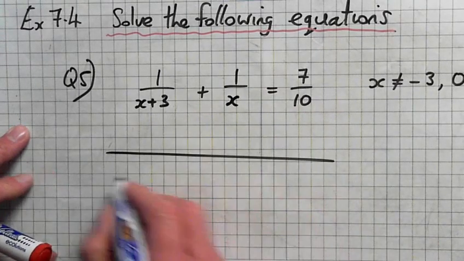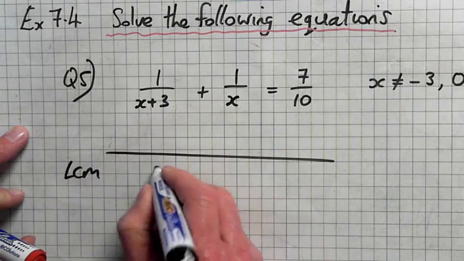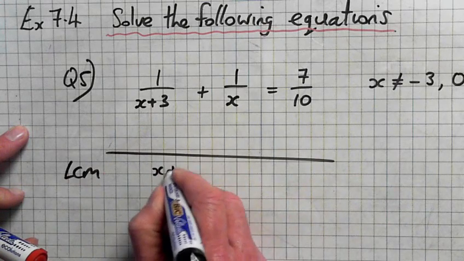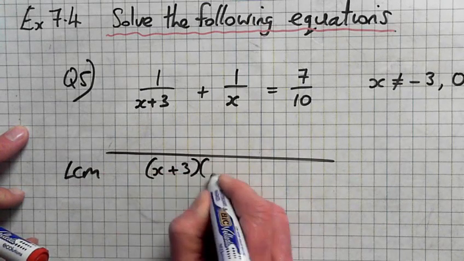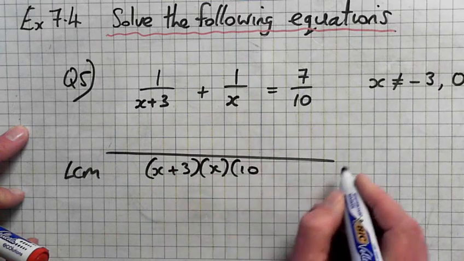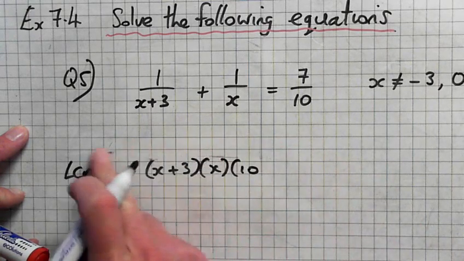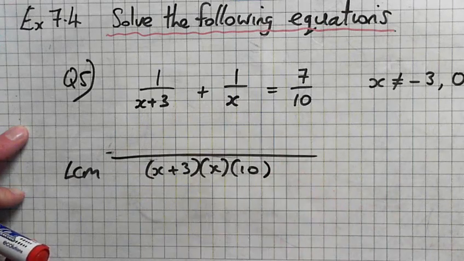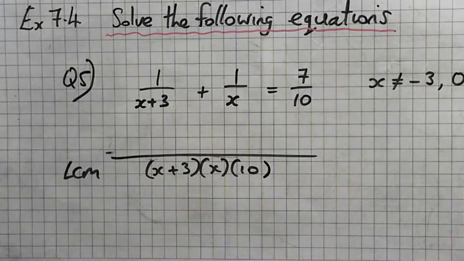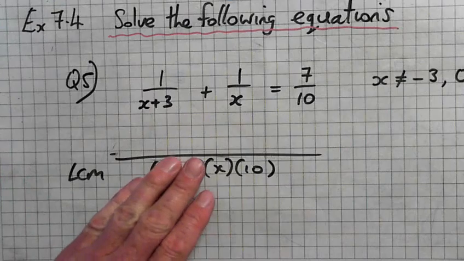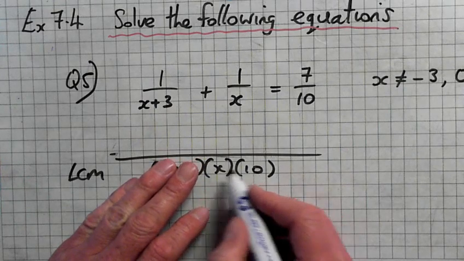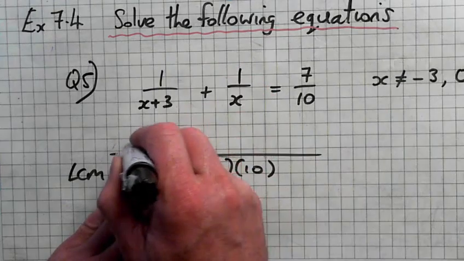And we'll get the LCM. So we'll write down x plus 3 at the bottom by x by 10. Right. So we'll divide x plus 3 into it. Hide x plus 3. What's left? 10x times 1.